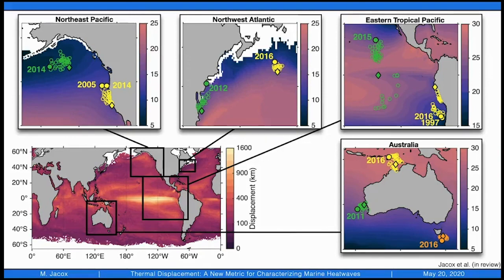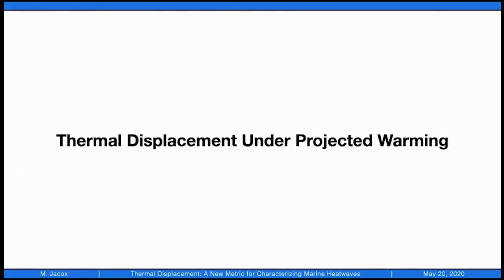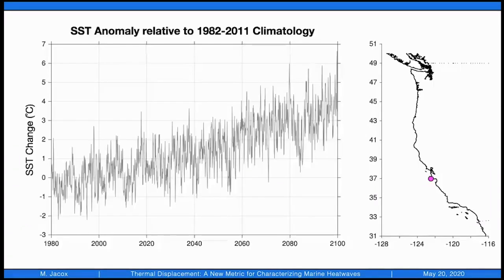All right, so then I just wanted to move on and talk a little bit about this metric, this thermal displacement, in the context of future warming. So to set the stage for that, I just want to briefly discuss how we think about marine heat waves under future climate change, because it's a point of disagreement in the literature and in the oceanographic field.